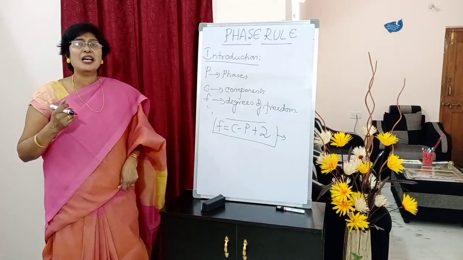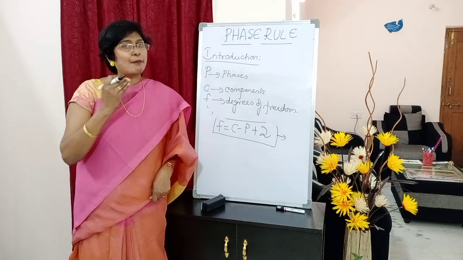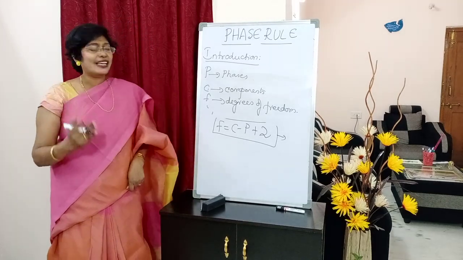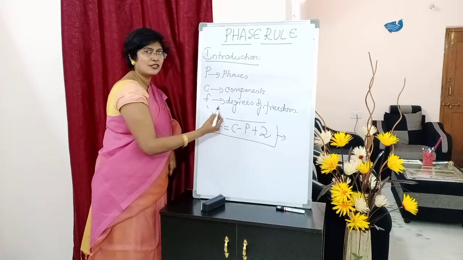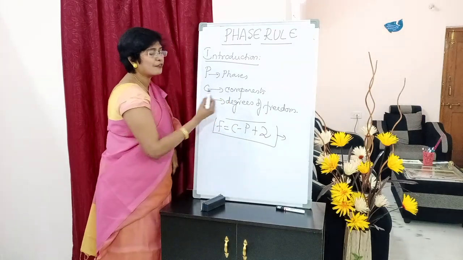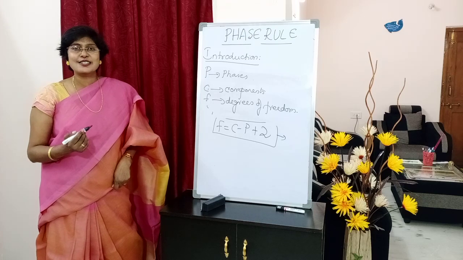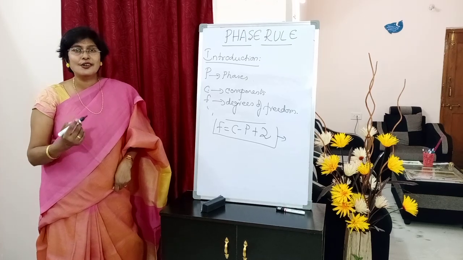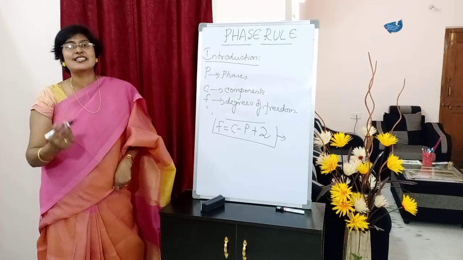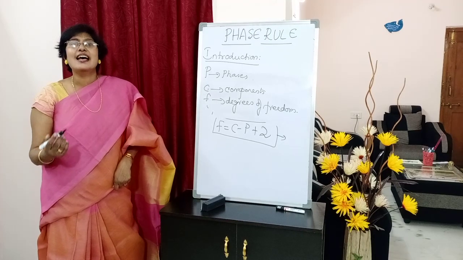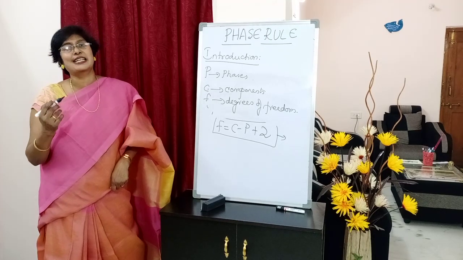So, are you learning? We are going step by step. Okay? So, where F, number of degrees of freedom, C, number of components, P, number of phases. Next, what should we know? We should know what a phase is, what a component is, and what degrees of freedom are.